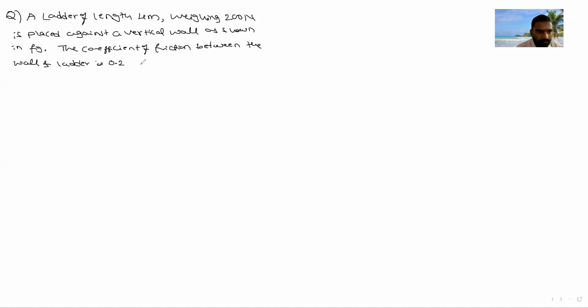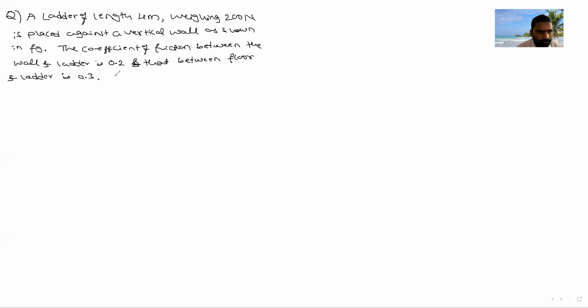and that of between floor and ladder is 0.3.